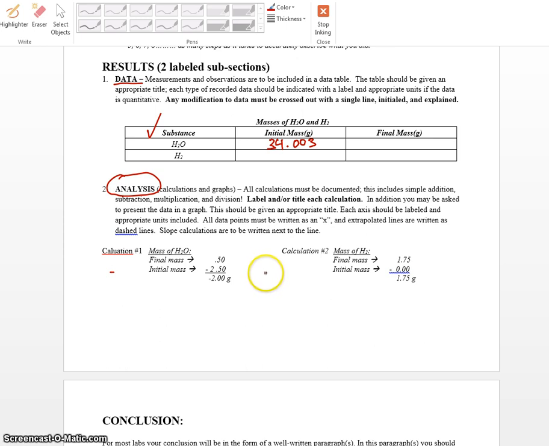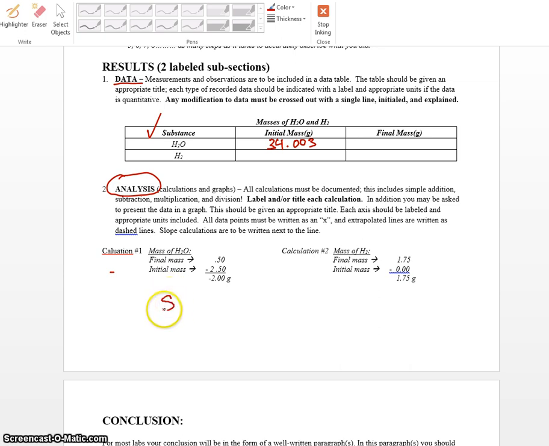If you want to not waste paper and start your conclusion or something on the same page as your calculations, for example, what you need to make sure that you do is, in the analysis part of it, explain where the graph is to be found.